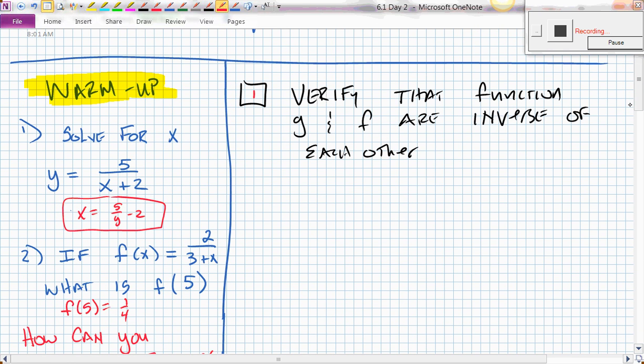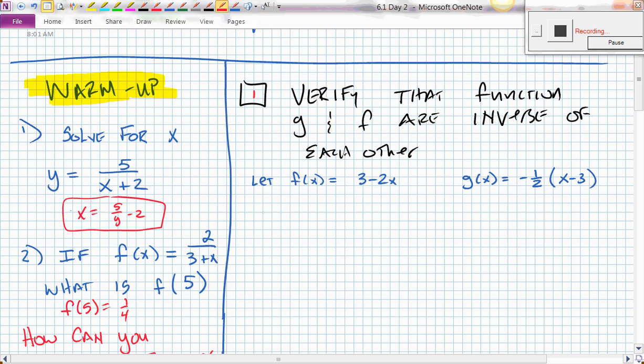Okay, so our first idea is we're going to verify that functions g and f are inverses of each other. Let f of x be the function 3 minus 2x, and let g of x be the function negative 1/2 times x minus 3.